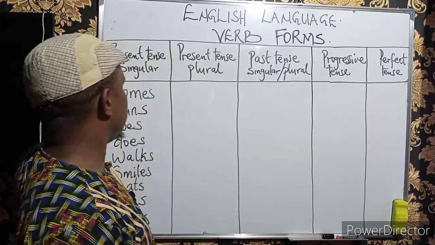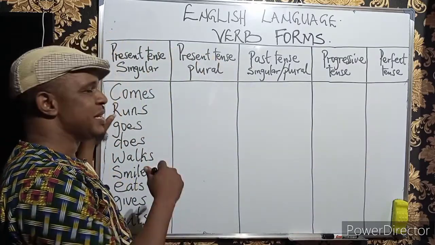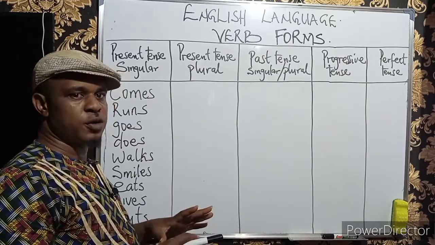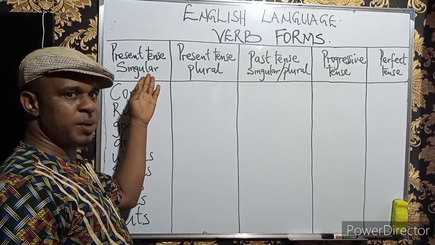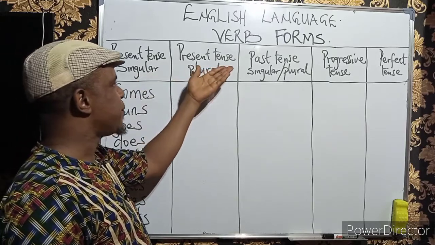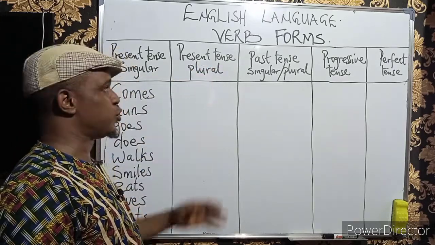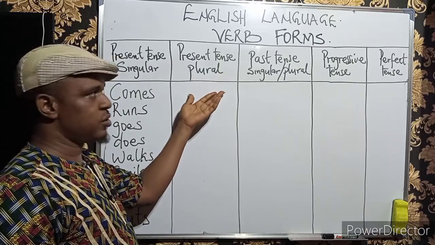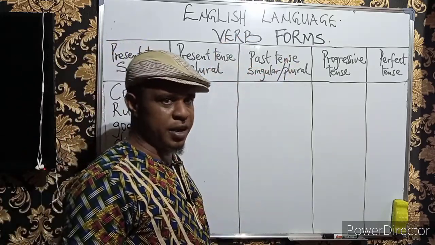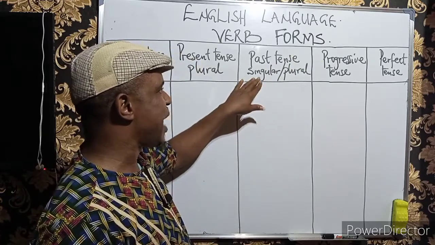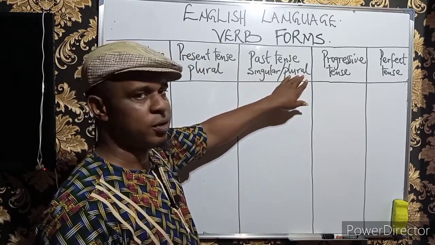The first column is talking about the present tense forms of the verbs, but in their singular aspects. And we have the present tense forms of the verbs too in their plurals. Here is talking about the past tense forms of the verbs, which can be used as singular or plural.